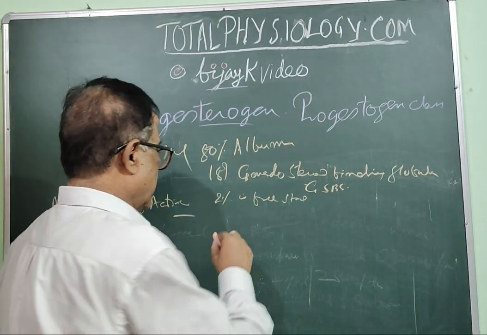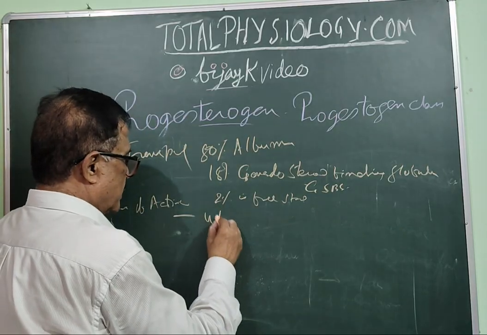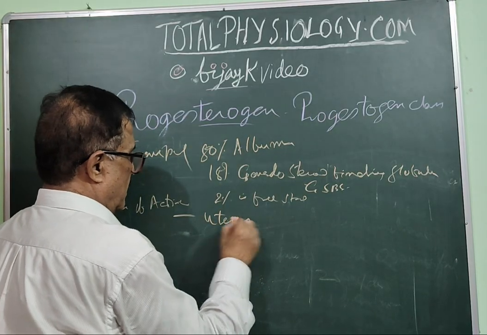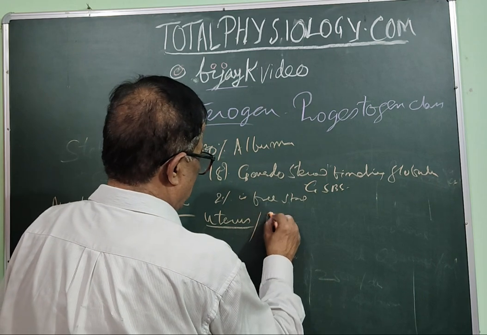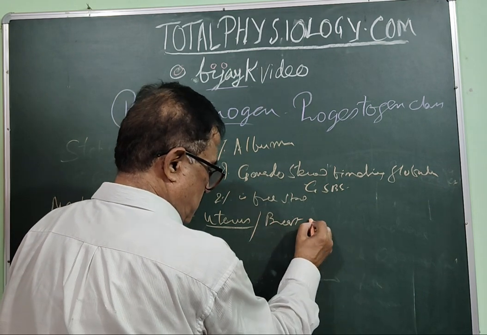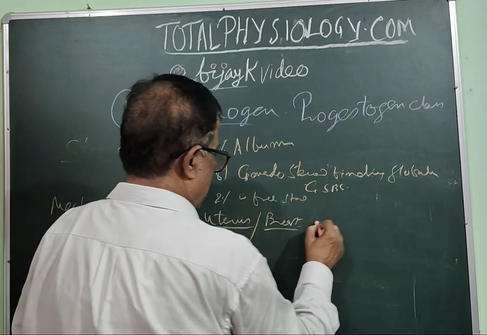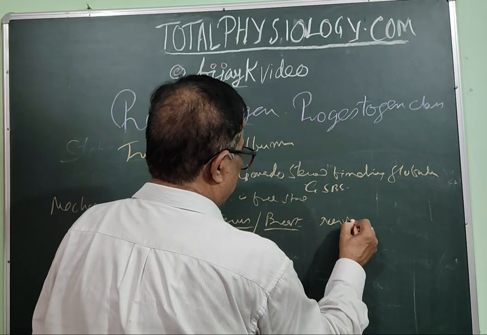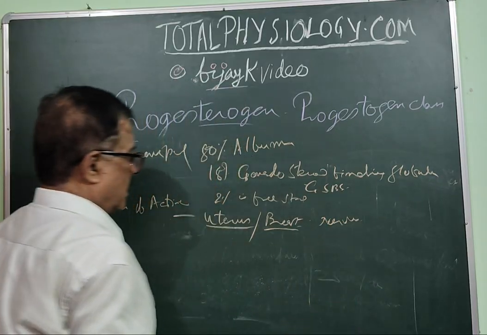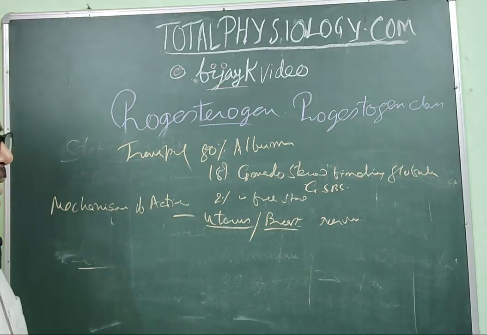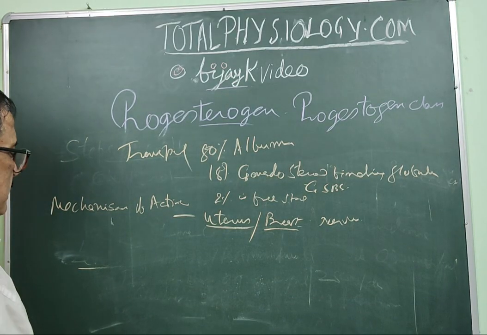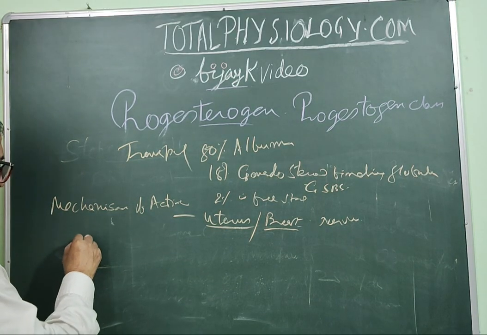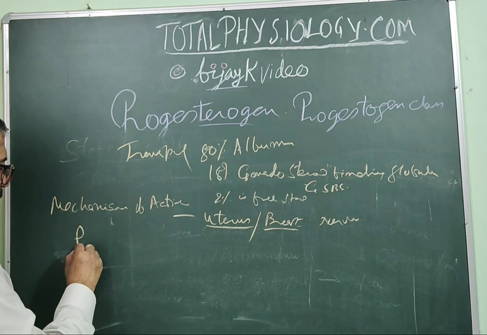These receptors are mainly present in uterus, breast, and some in nervous tissue. So first is the progesterone receptor.